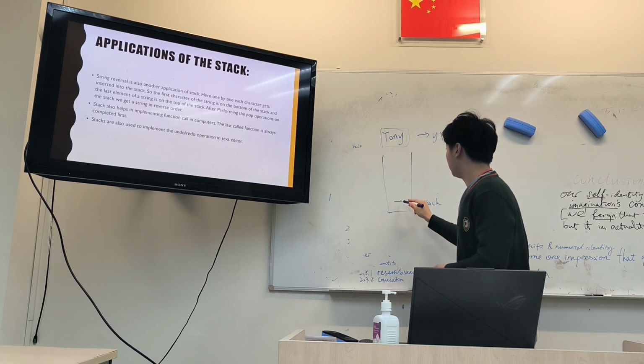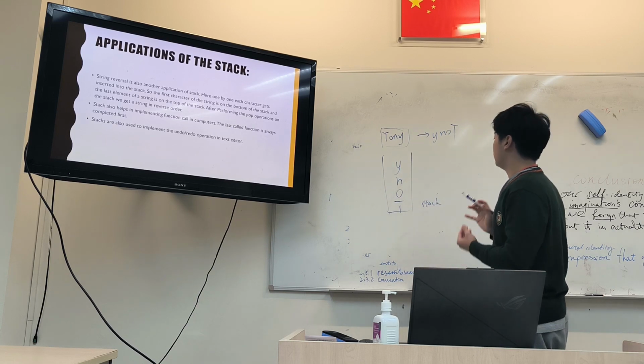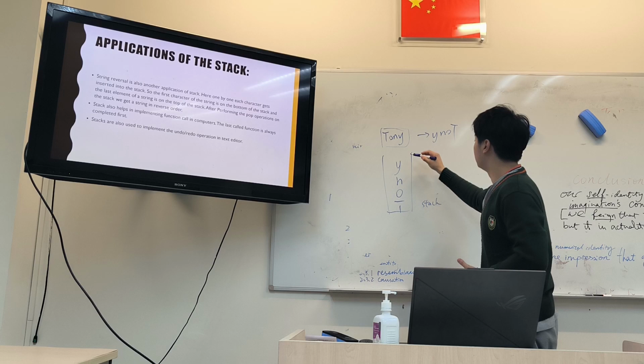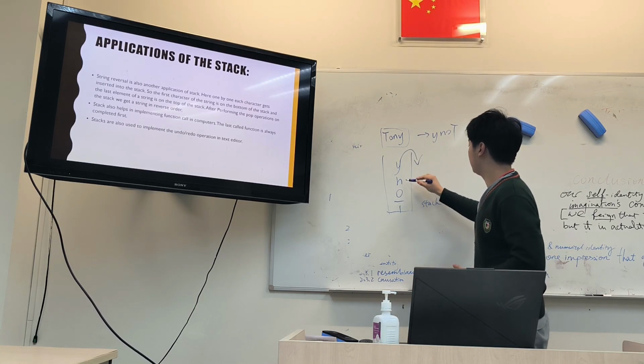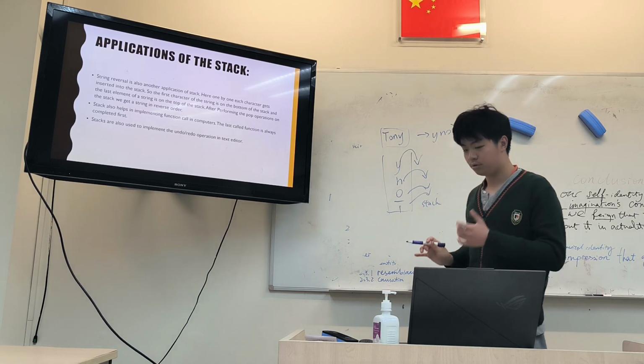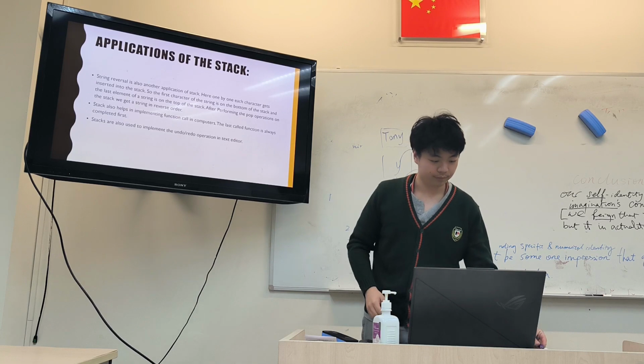So it should be T, O, N, and Y. Then we pop each of the elements out of the stack. So it will be Y, N, O, and T. And this string will be successfully reversed.